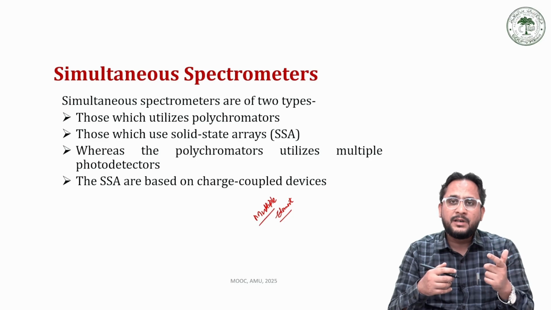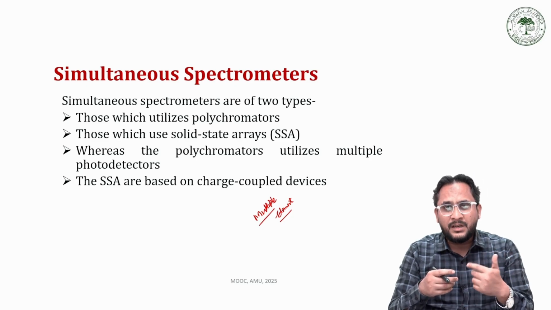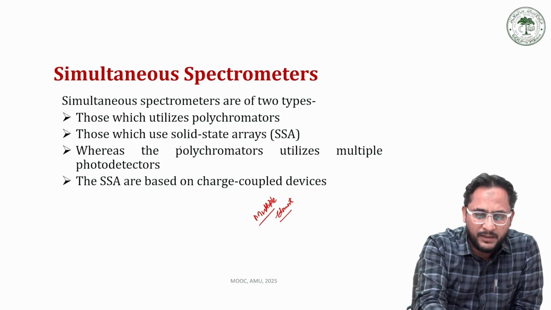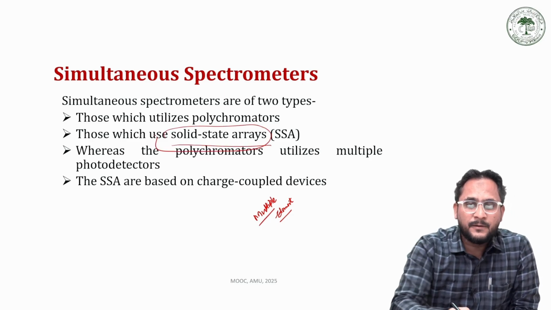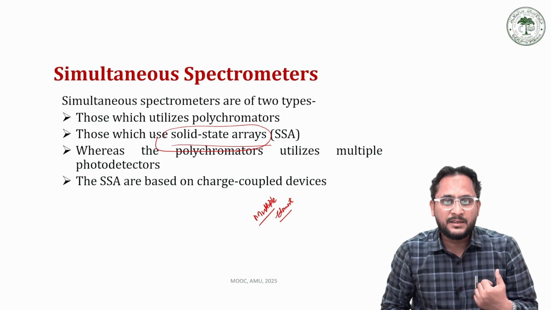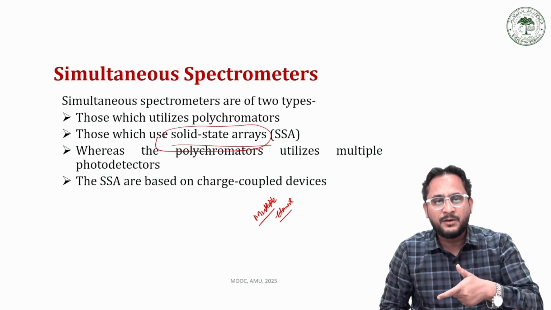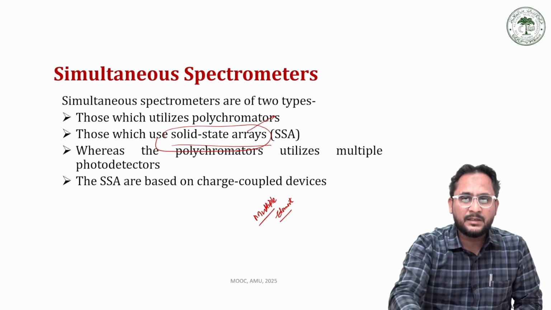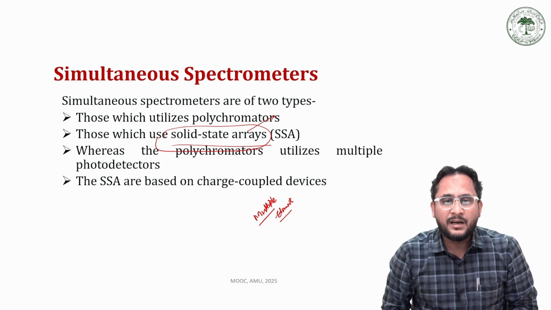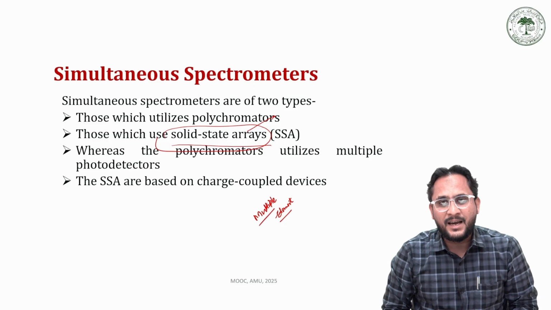The other type of detectors that are even more useful and even more authentic and reliable are called solid state array detectors. I told you in the beginning of this lecture that I am not going to tell you the name, I'll tell you the name once that particular slide comes in. So the second type of detector that is used for multiple analysis is called the solid state array detector.